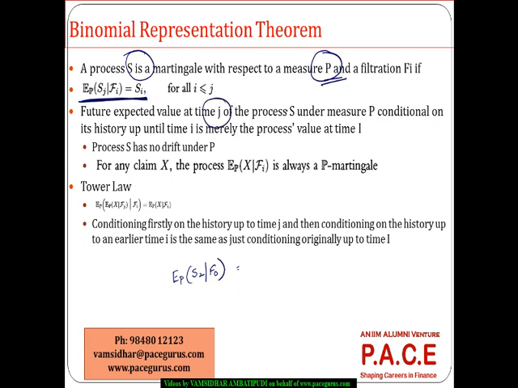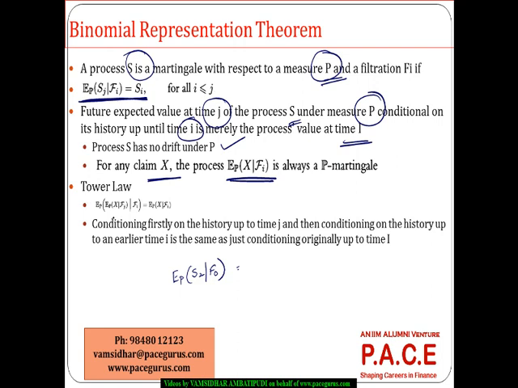The future expected value at time j of a process S under a measure P, conditional on the history up to time i, is equal to the value at time i itself. In that case the process S has no drift under the probability measure P. And what we simply say is that for any claim X, the process of X given Fi is always a P martingale.